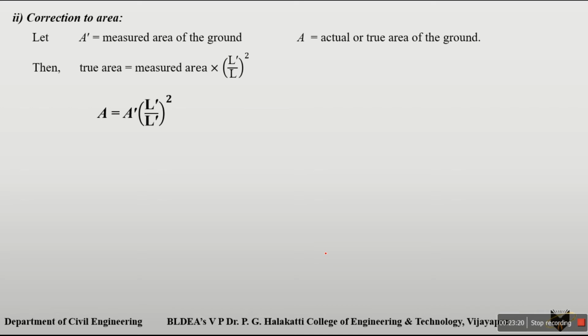You can write A is equal to A dash into bracket of L dash divided by L, the whole square. Also you can use the formula A is equal to A dash into bracket of 1 plus 2E, where E is equal to delta L divided by L, and delta L is the error in the length of a chain.